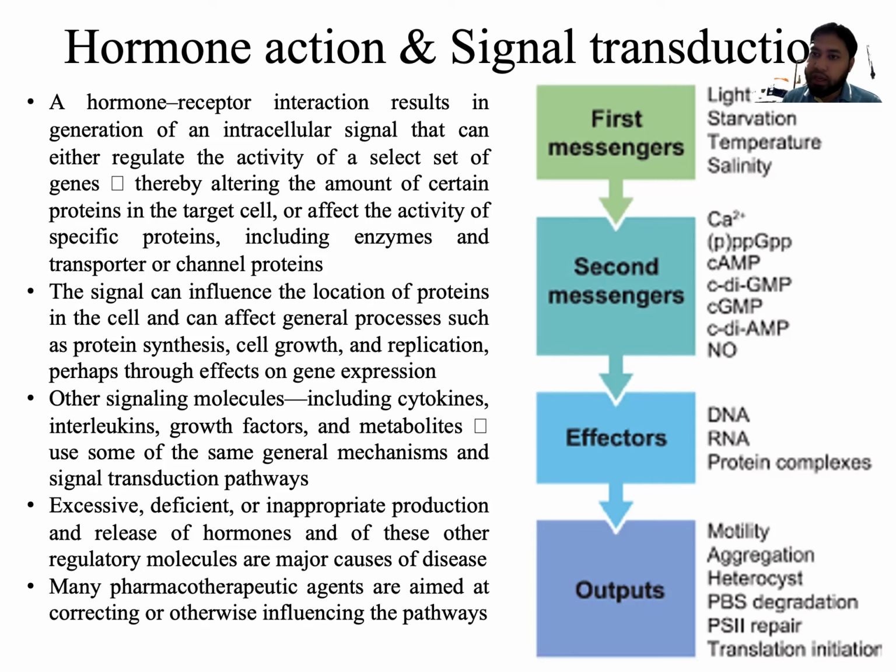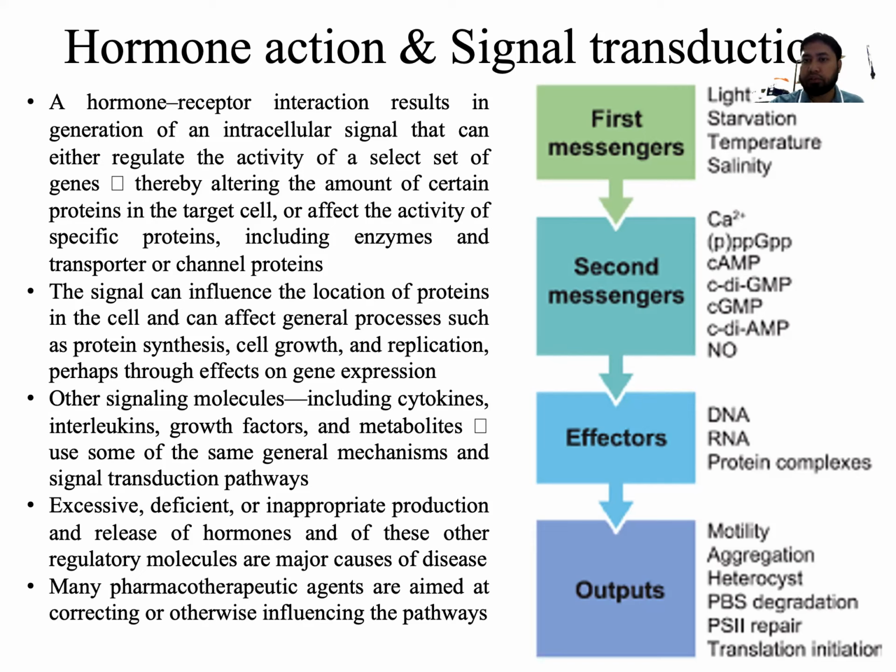If you are exposed to light, or you are starving during Ramadan, or temperature, heat, or maybe the pH, these are affecting the signals that you receive or produce. So we always start the hormonal action through these steps.